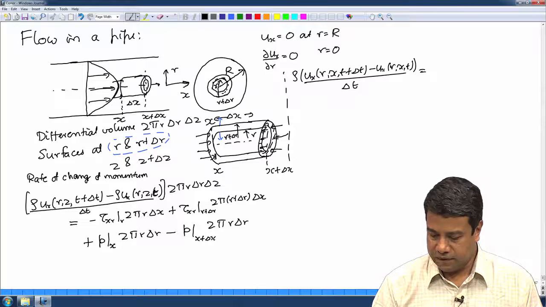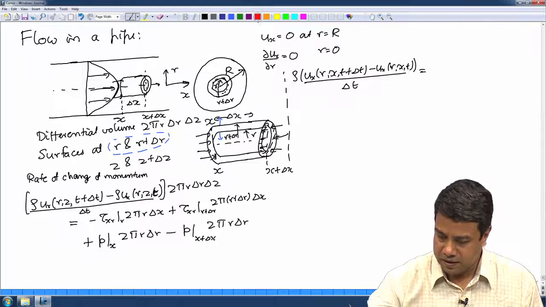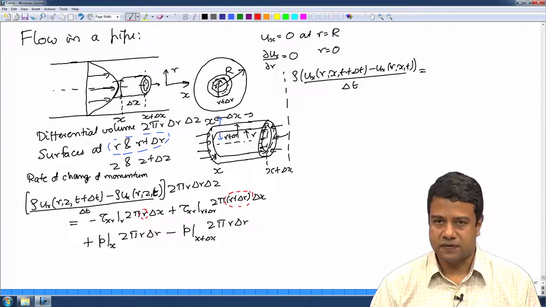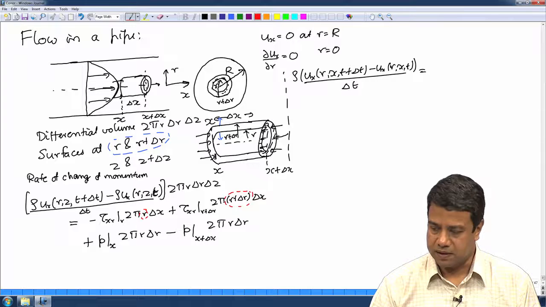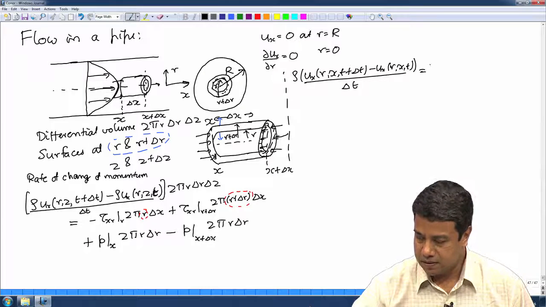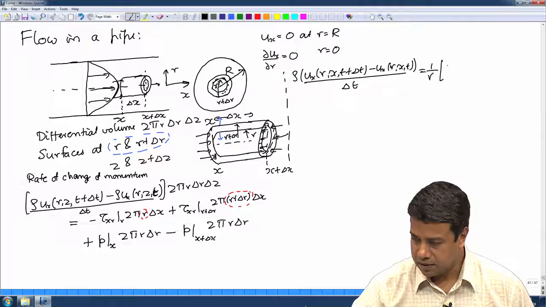Now, you have to be careful here, because once again you can see that the surface area is changing as the radial coordinate changes. The surface area at r and r plus delta r are not the same. So, there is a radial dependence of the surface area, and that has to come in here. So, I will get 1 over r into tau xz times r, at r.